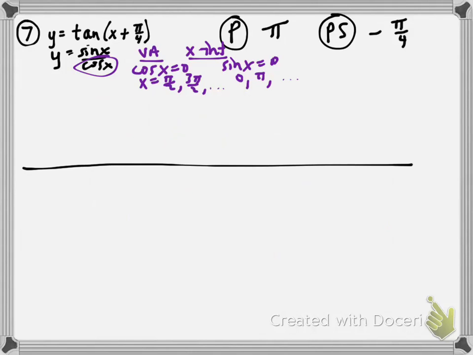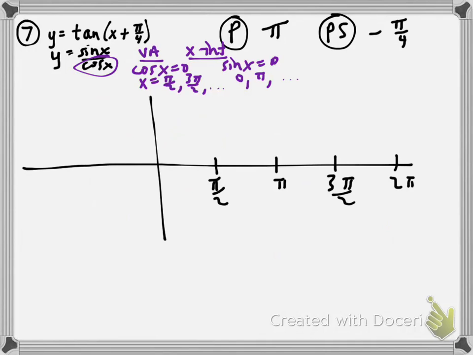And we're going to move it to the left, so let's save some room on the left. Remember, we have x-intercepts at 0, pi. So let's go ahead and section off our x-axis by first drawing the coordinates of the asymptotes. So we have pi over 2, pi, 3 pi over 2, and 2 pi.